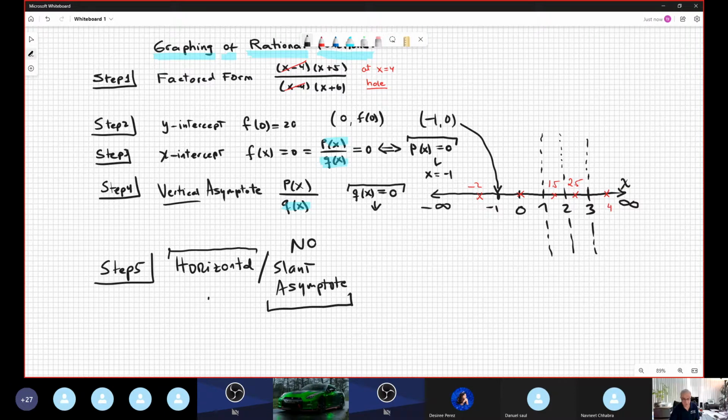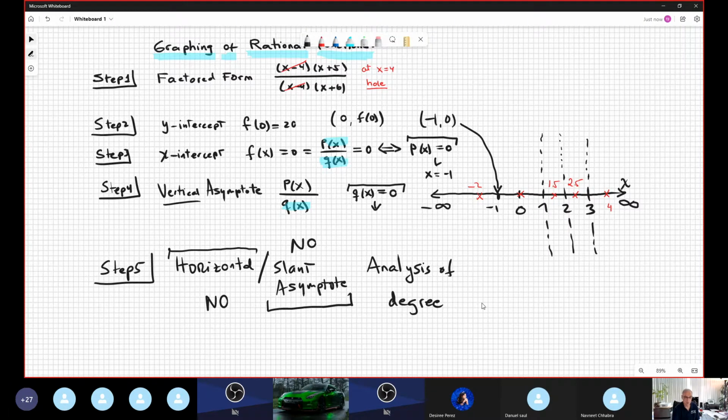This is mutually exclusive. And you are doing the analysis of degree, as I explained at the beginning. If we have the same degree, it's the regular case. If the degree of the bottom is greater than the degree of the top polynomial, we have the special horizontal asymptote at y equals 0. And if the degree of the top is greater by 1 than the degree of the polynomial at the bottom, you have a slant asymptote. Otherwise, we have nothing.